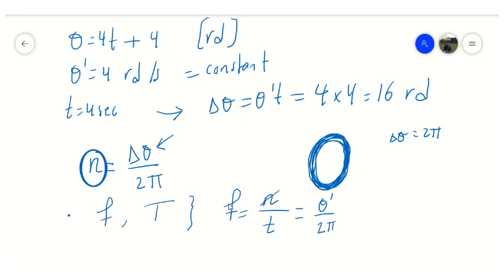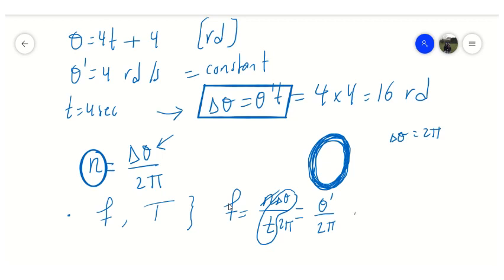So in uniform circular motion, the frequency, or the number of revolutions performed per unit time, will be theta prime over 2 pi.